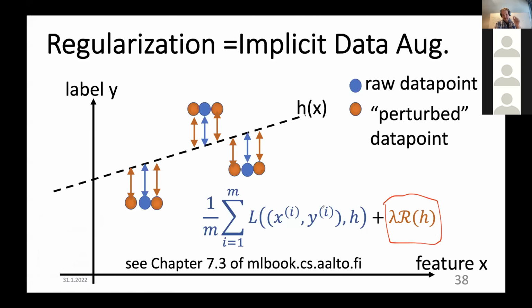You can also consider an expectation to be an approximation of a large sum. So you can view this regularization term as being an expectation that approximates a large sum over perturbed or augmented data points. So it turns out that this data augmentation and regularization are equivalent. They are connected by the law of large numbers.